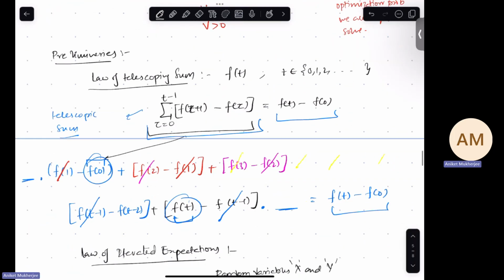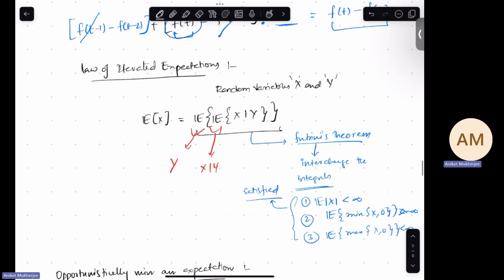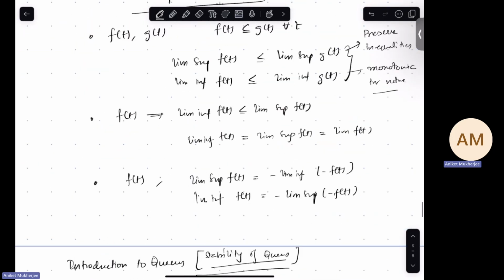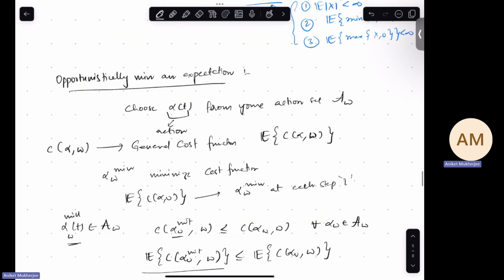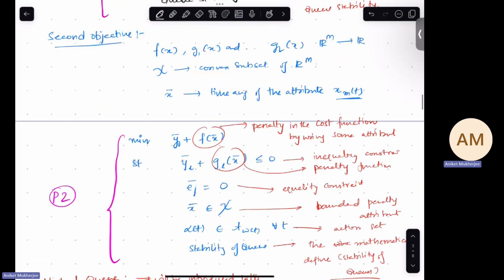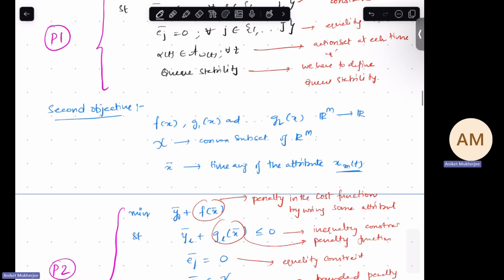And then we gave some preliminaries: law of iterated expectation, opportunistically minimizing expectation, Jensen's inequality, and limits of lim sup and lim inf. In the next class, since both the problems that we have defined today have a constraint on stability of queues, and we have not yet defined mathematically what the stability of a queue means, we will define the stability of queues.